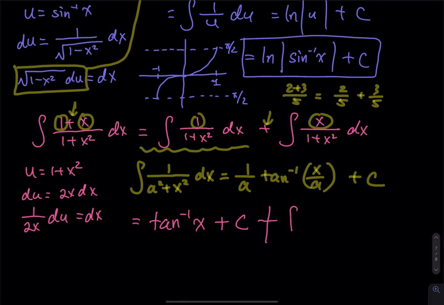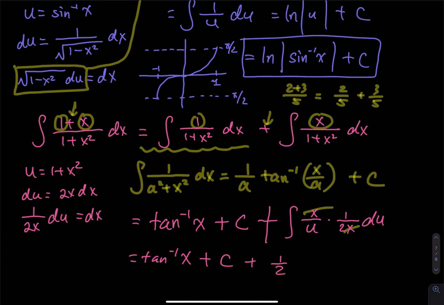And what about the other one? The other one is x divided by u, times 1 over 2x du. And then since the x got cancelled, what do we have left? So we have inverse tangent x plus c, and then plus 1/2 the integral of 1 over u, that is ln absolute value of u plus c.